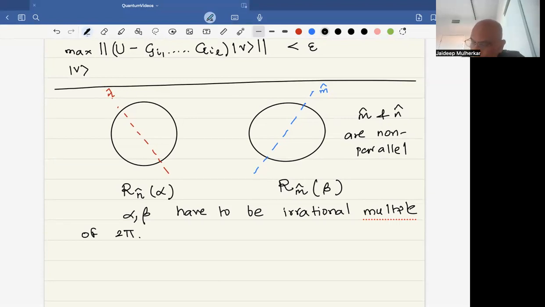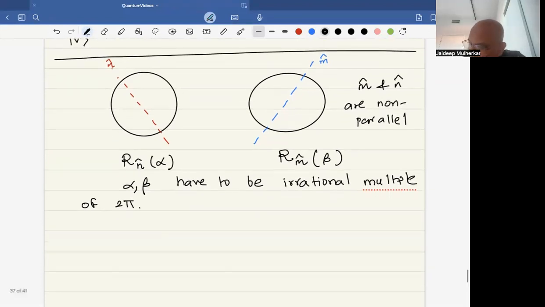And why do we need this irrationality? If I look at the view from above, this is a circle and I'm able to generate a rotation alpha.